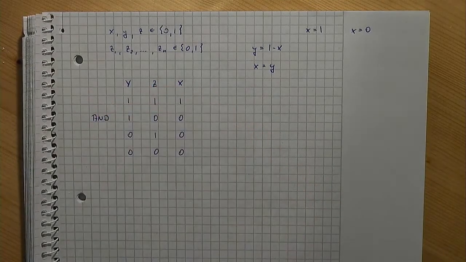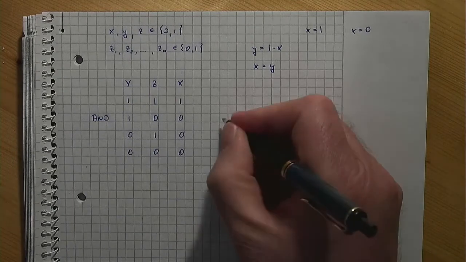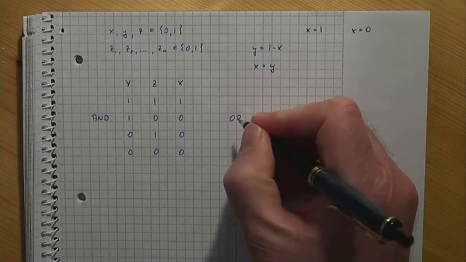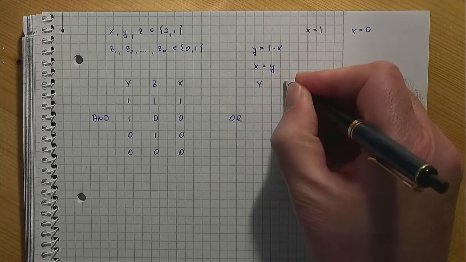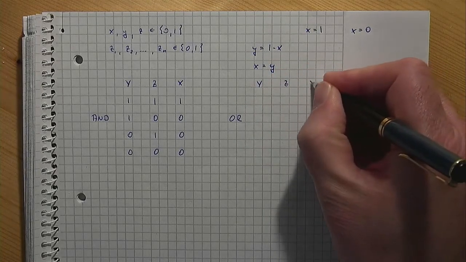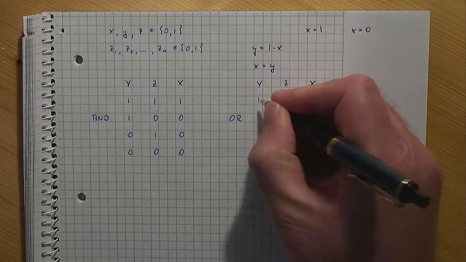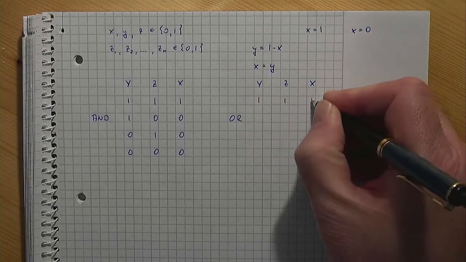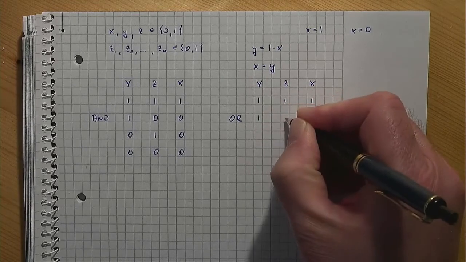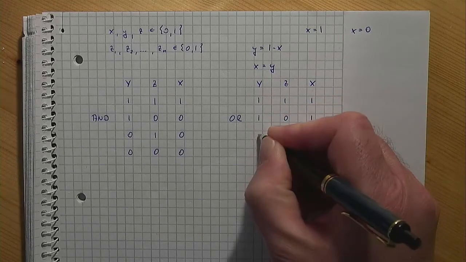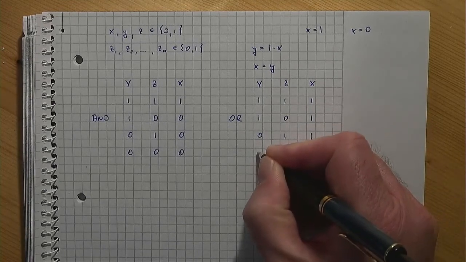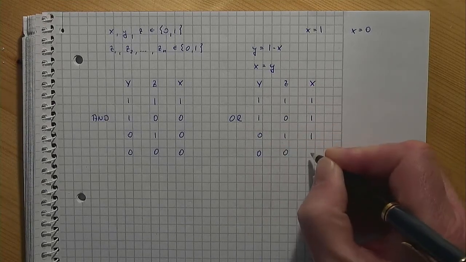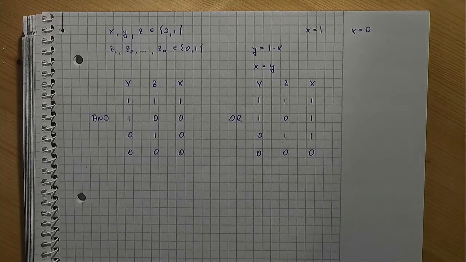So this is the definition of AND. And this is the definition of OR.